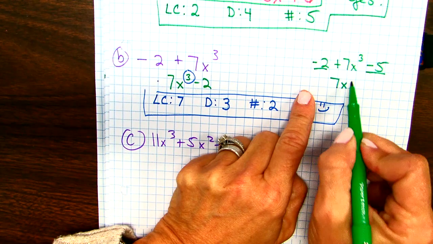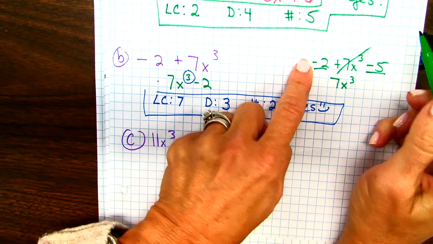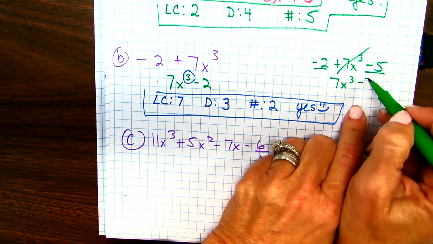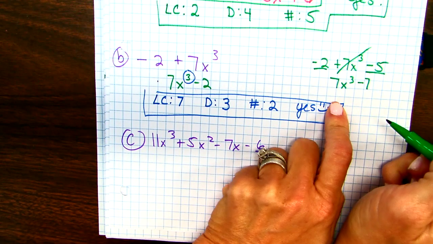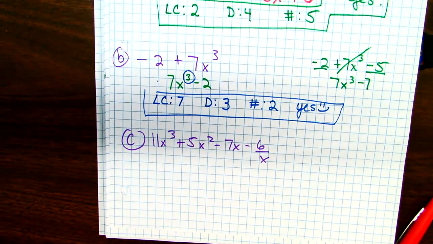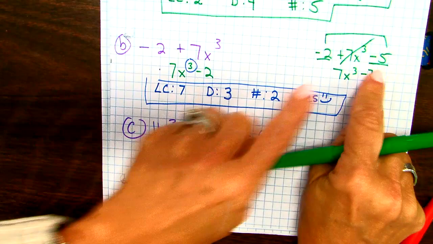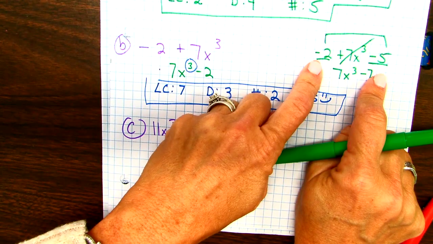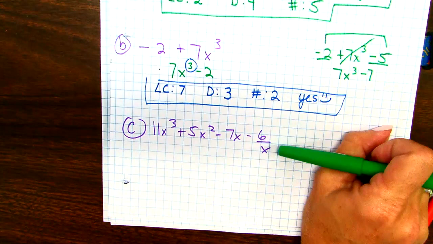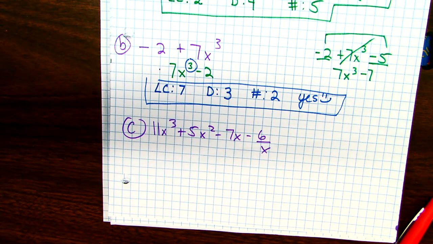So that would be 7x to the third, right? And then negative 2 minus 5 is negative 7. So that's standard form. So remember, standard form is exponents in descending order, and if there's any like terms, you have to put them together, okay? So that could happen. And notice I'm not crossing an equal sign. I'm just combining negative 2 minus 5 right in my calculator, okay?